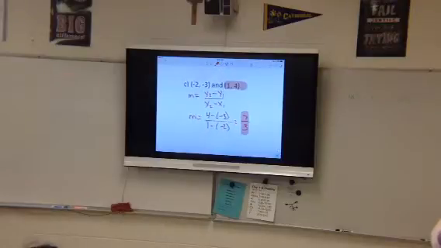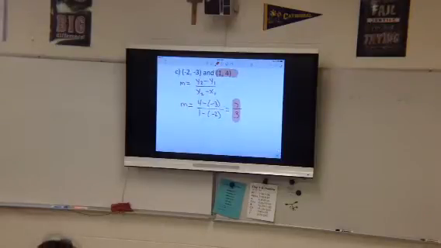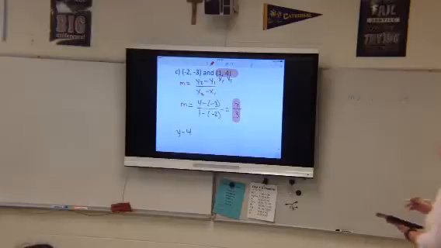All right? So we have point slope now. So y minus what? y1. What's your y value? 4, right? Isn't this x1 and y1? Right? Isn't that what we're plugging in?